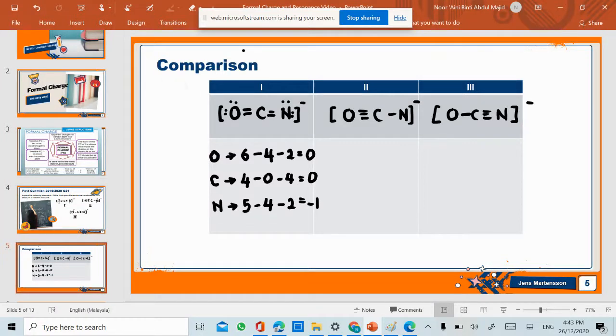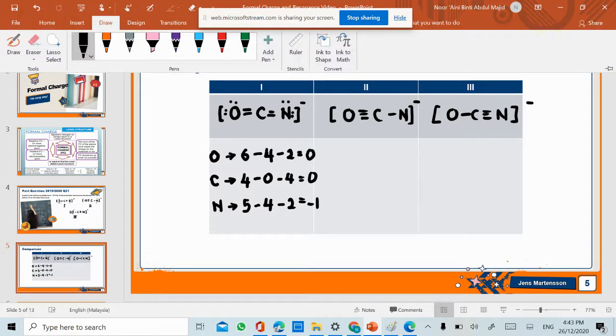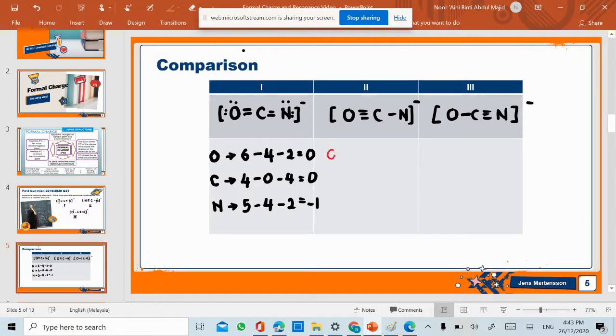Okay, now let's move on to the second structure. I think we can do this faster now. Okay, we have oxygen. Let me just put in the lone pair, so that will be easier for us to calculate. 1, 2, 3, 4, 5, 6.